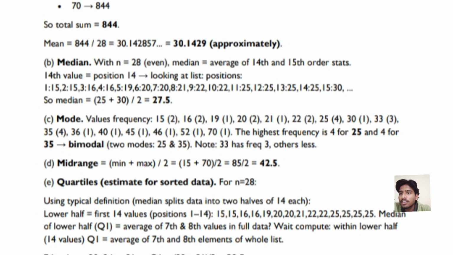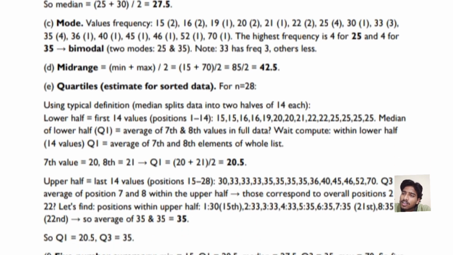The highest frequency is 4, for 25 and for 35. There are two modes, 25 and 35. 33 has a frequency of 3, which is less. So the modes are 35 and 25.